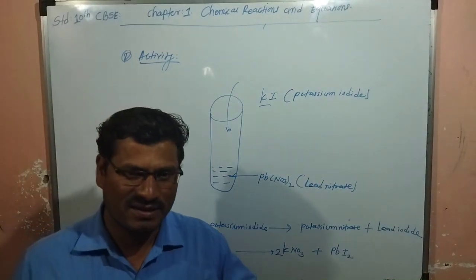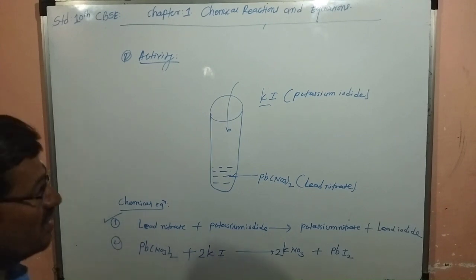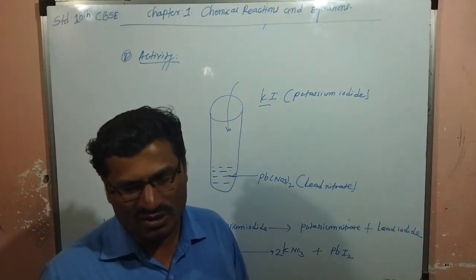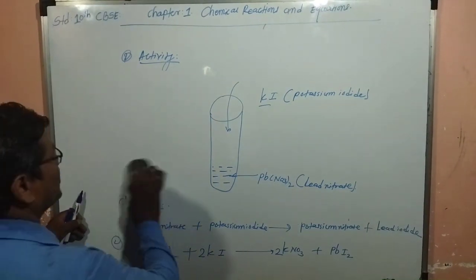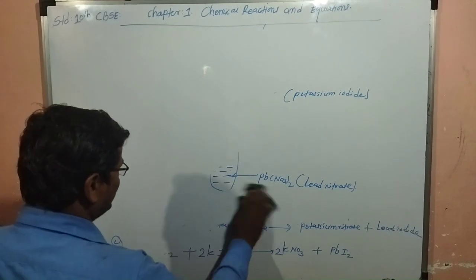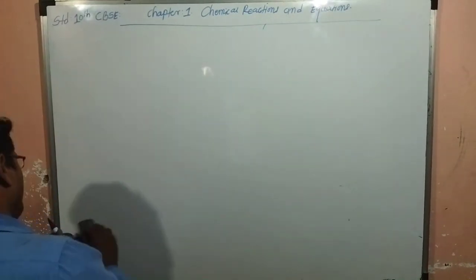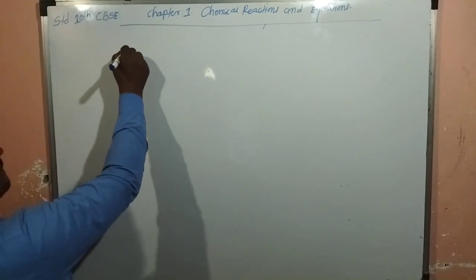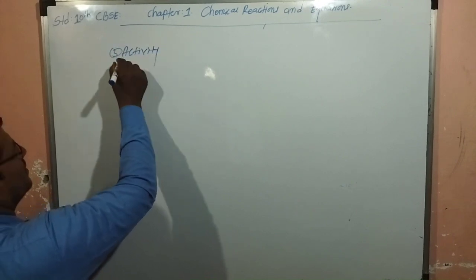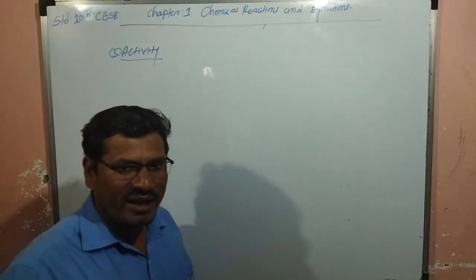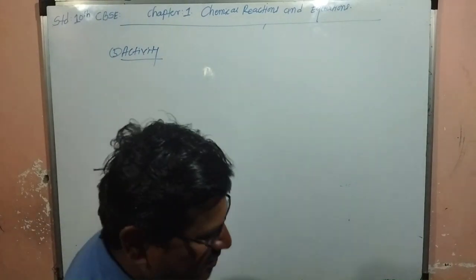Then after that, the next thing we are going to study is the activity related to zinc granules and dilute acid. Activity number 3. What is that activity? We will see. The third activity is between zinc granules and sulfuric acid.